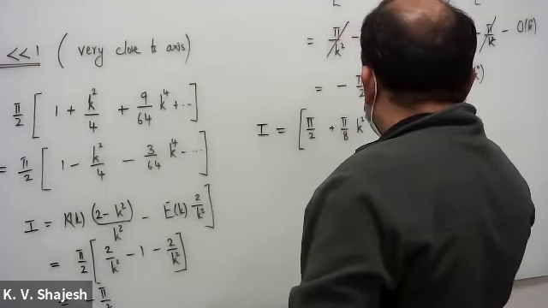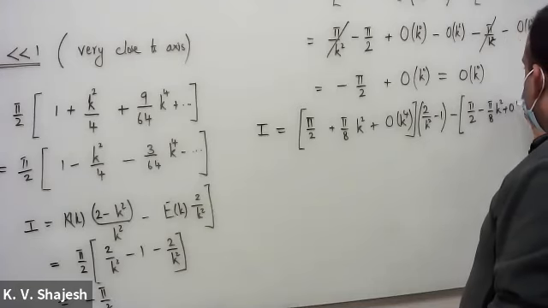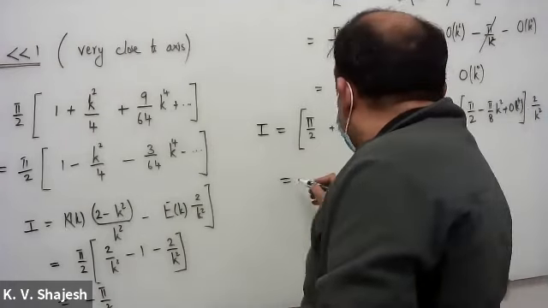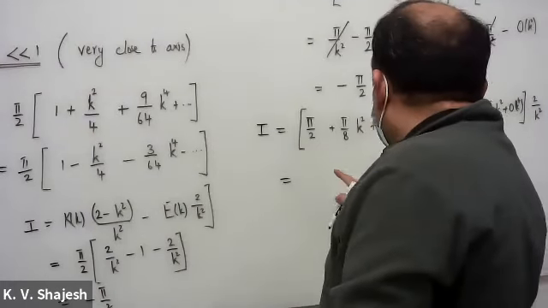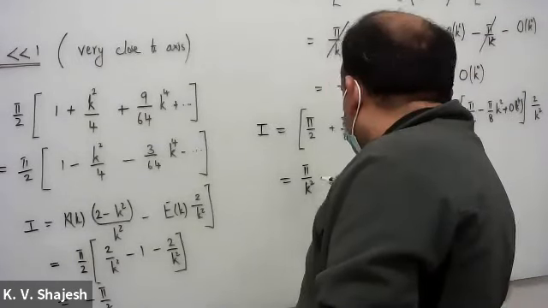E is pi by 2 minus pi by 8 k squared plus order k raised to 4, and 2 over k squared. And then do the whole thing again. So this is equal to: the first term is pi by k squared over k squared.